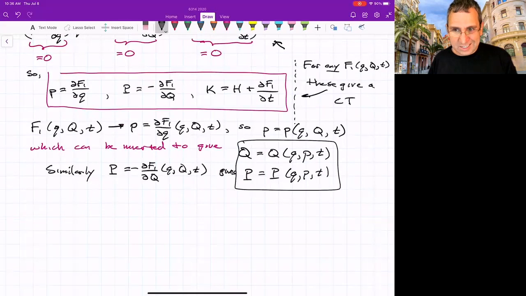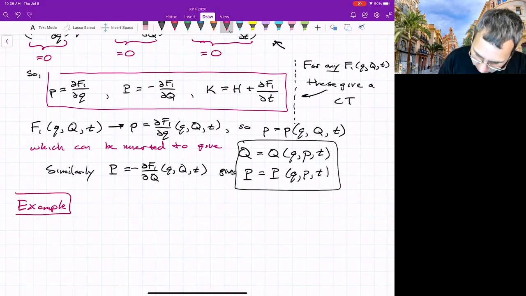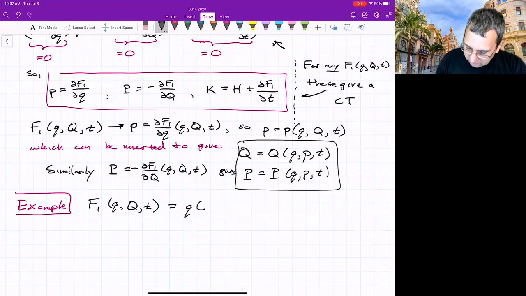So let's choose an example. Let's just pick something simple. Always nice to have an example. I'm looking for an F1 that's a function of little q, big Q, and t. So I'll choose just, how about little q times big Q? And just forget t. That's the simplest thing.